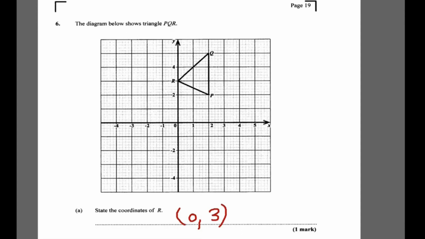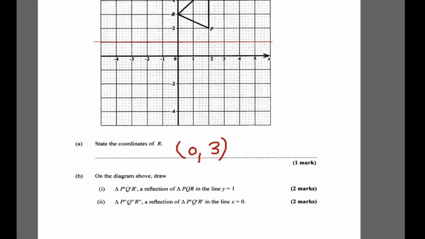Before I reflect anything, I like to draw the line that I need to reflect in. The line Y equals 1 is this line right here. So this is acting like the quote unquote mirror. That's the line Y equals 1.